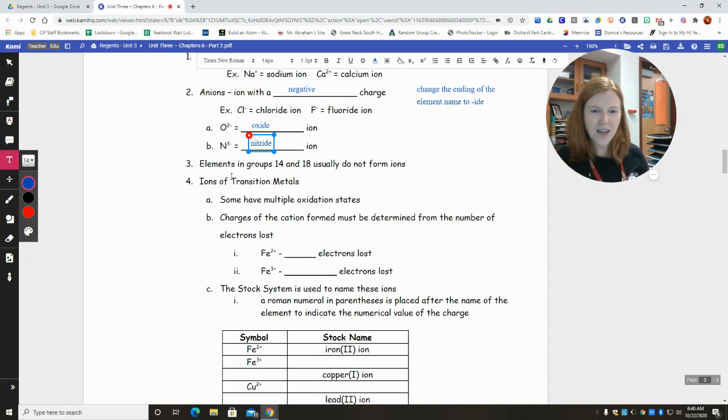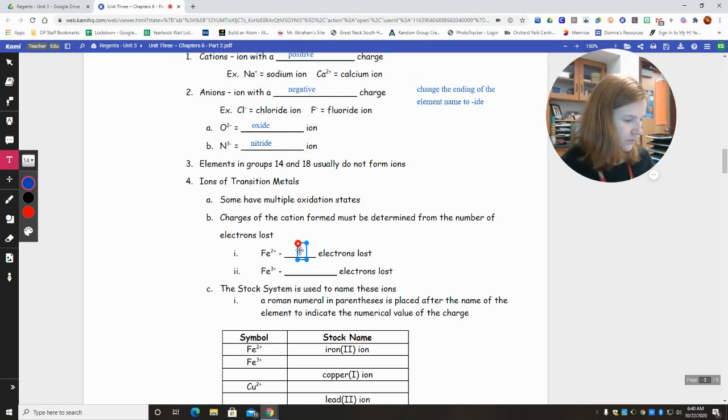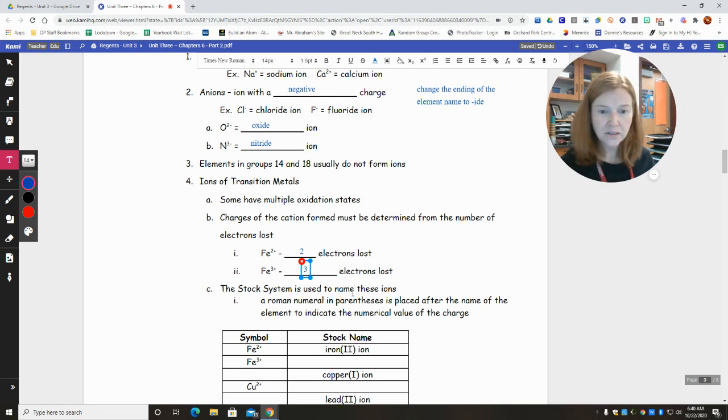The charge of the cation formed is determined by the number of electrons lost. If we find Fe, atomic number 26, you can see that it says Fe plus 2 and Fe plus 3. What that means is that if you have Fe plus 2, 2 electrons have been lost, and Fe plus 3, 3 electrons have been lost.